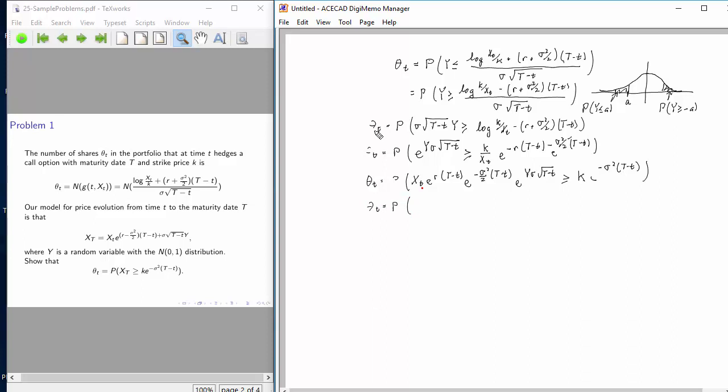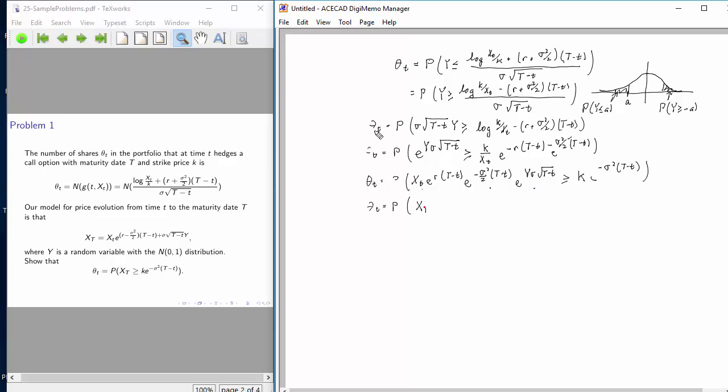what is this? This is the price at the current time little t, multiplied by a factor that takes the interest rate into account, multiplied by the factor that makes the undiscounted share price a martingale, multiplied by the effect of the random variation.